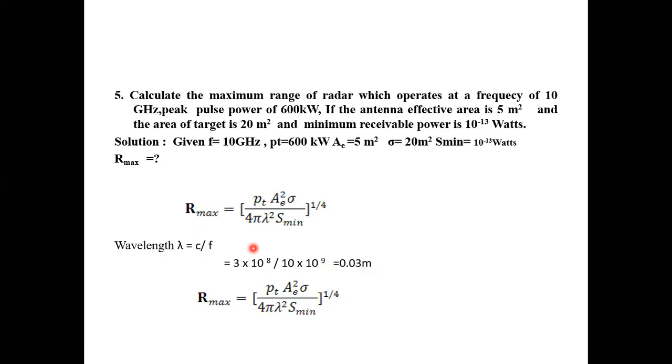Now we will substitute all the other values here. The Pt value is given as 600 kilowatt, so 600 into 10 to the power of 3, into AE square, that is 5 square, into sigma, that is 20, divided by 4 pi lambda square, where lambda is 0.03, into S min, 10 to the power of minus 13.